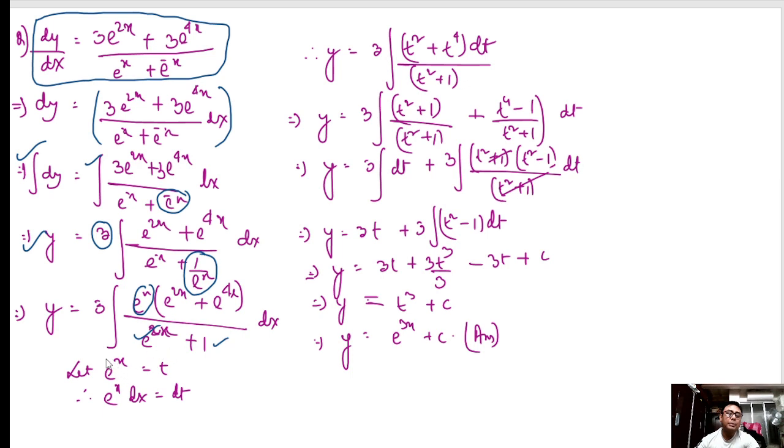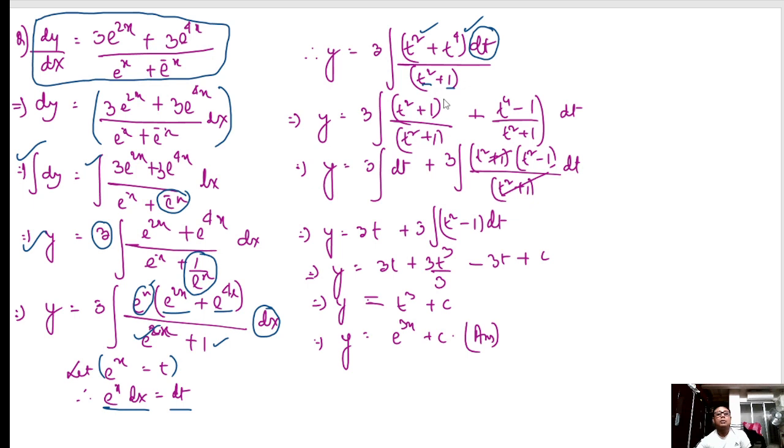Now let e to the power x be taken as t, so e to the power x dx will be dt. At the top it is e to the power 2x, which is t square. Then it is e to the power 4x, which is t^4 by t square plus 1.